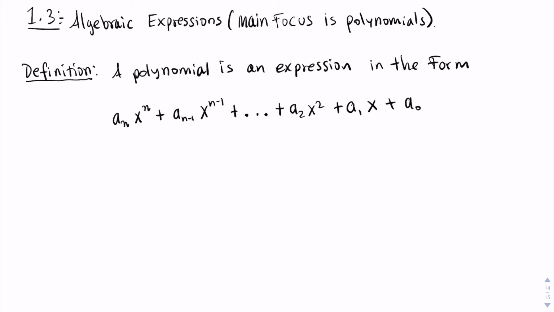We call this a subscript technique: a_0, a_1. We don't want to use a, b, c, d, e, because we will run out of letters, so we create a system using subscripts and we never run out of letters. So this is just a constant coefficient. This is the linear coefficient, the quadratic coefficient, and so on.